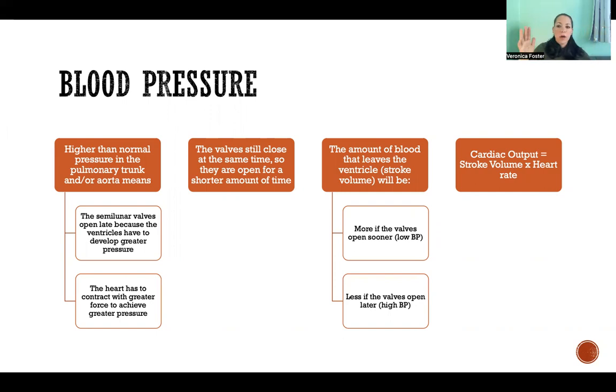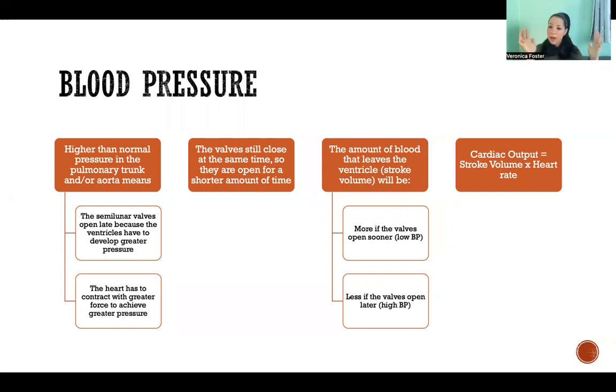How long the valves are open will determine the ejection fraction, which is really just meaning of the blood that's in the ventricle, what percentage of it is going to be ejected. And that's the stroke volume, is the amount that's actually ejected. So how long the valves are open will determine what percentage of the blood in the ventricles is going to be ejected.